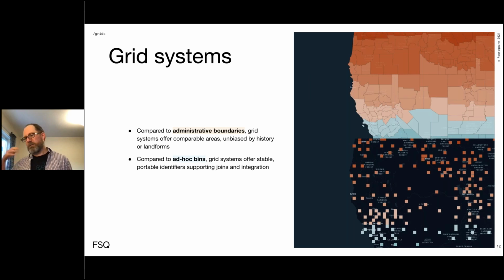You want to use stuff from system A and system B, and especially if you're making systems that need to interoperate, having a shared grid system gives all of the data a common unit of analysis and allows you to do a lot of easy joins. You have one identifier for every grid cell that's easy to share across systems. That's very hard to do with an ad hoc bin. Essentially, if you try to use an ad hoc bin for joins across systems, you're basically making your own discrete grid system in a way that probably doesn't match those that have already been built.